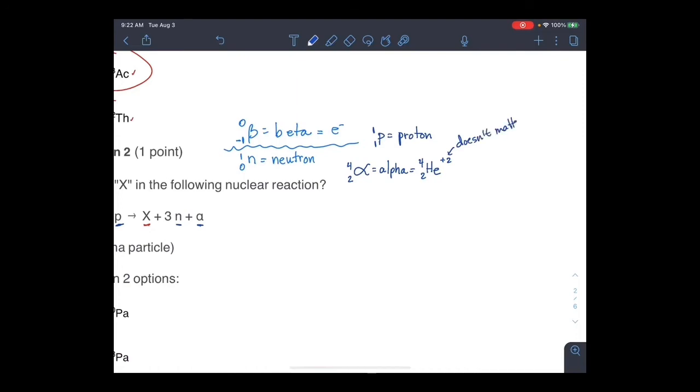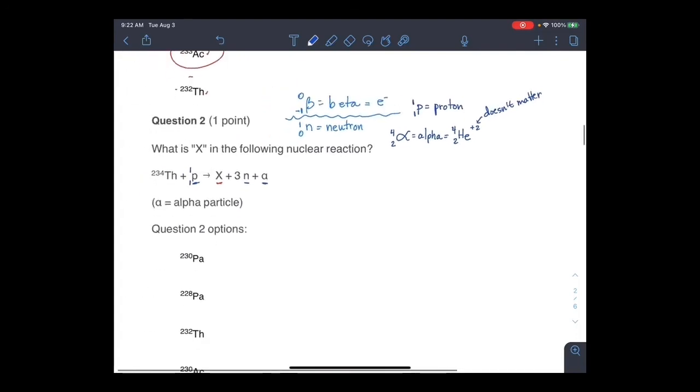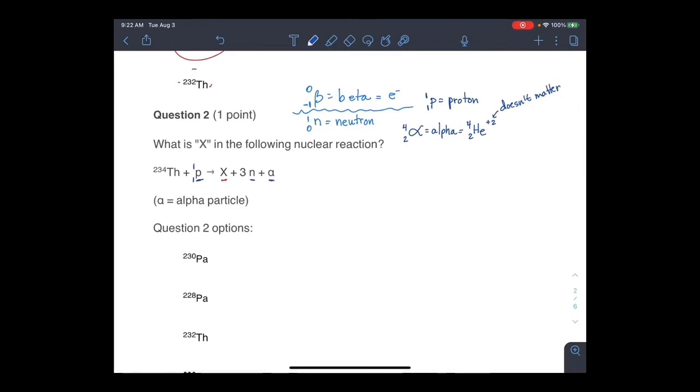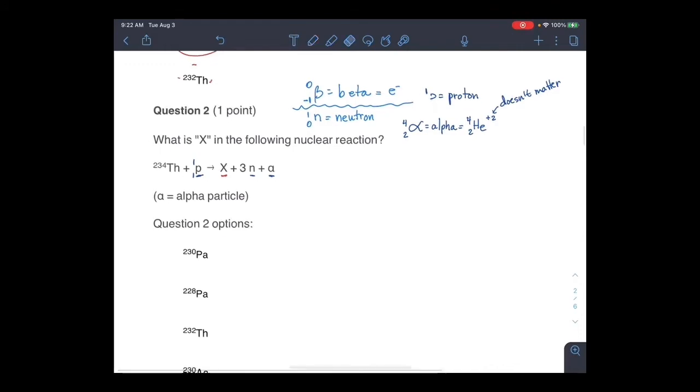We do not have to worry about charges. Although sometimes it is written, we don't have to worry about charges in nuclear reactions. So there's two more particles that you have to memorize or else keep on a piece of paper in front of you.